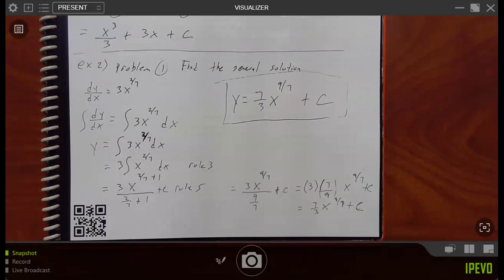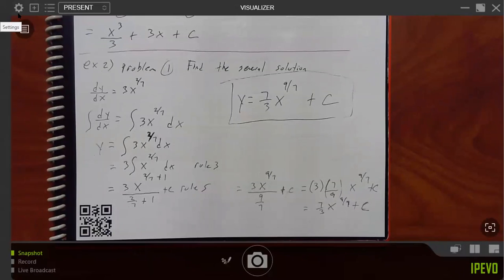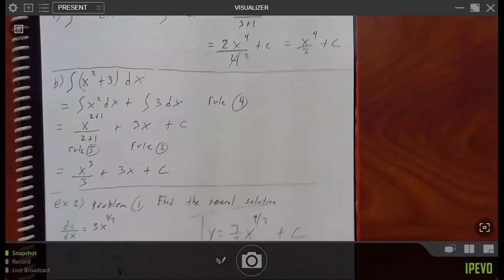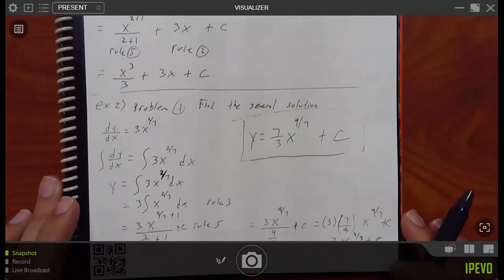You guys cool on example 2? All right, well, let's check the work, see if it's legit. You guys cool on this page?